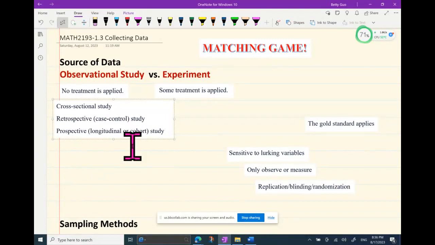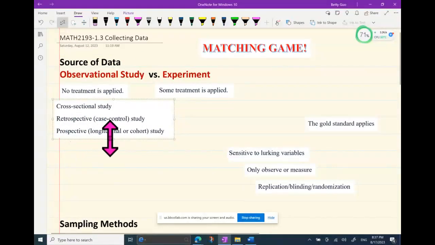So if you collect the data at one point of time, that is called a cross-sectional study. This is an observational study. You do not apply any treatment. You only observe and collect the data.